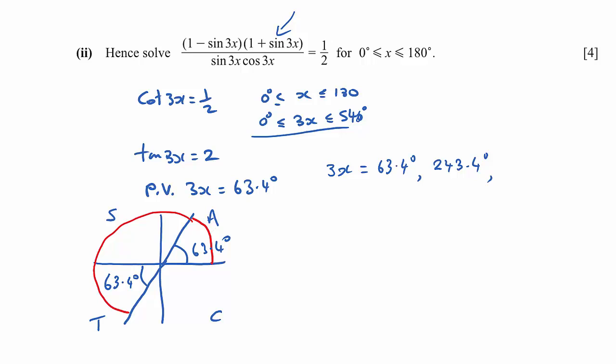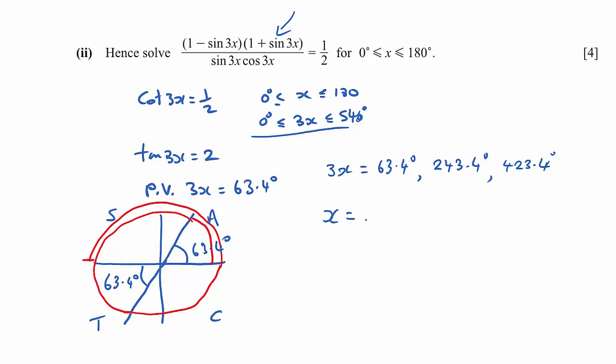And then we're going to keep going, and we get to 360, and then that one is going to be 423.4, and then we're going to keep going until we get to 540. That's where we're going to stop. We don't meet any more solutions there.